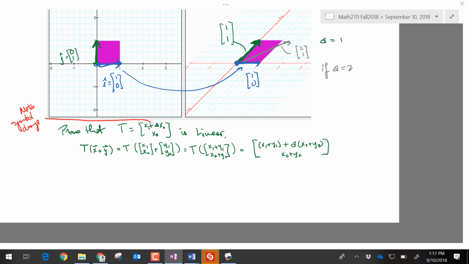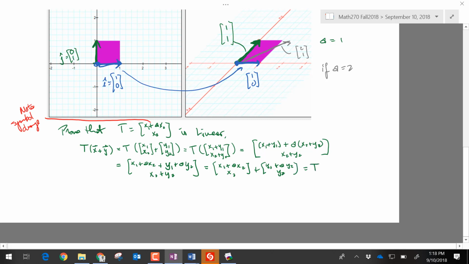So if we distribute and reorganize, we will get x1 plus ax2 plus y1 plus ay2, and then x2 plus y2, which I'll then split up: x1 plus ax2, x2, plus y1 plus ay2, y2.